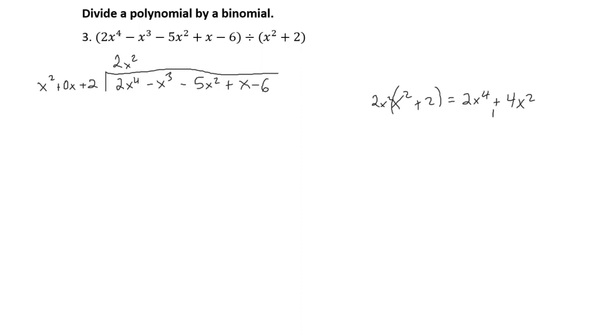Now again, there's that placeholder right here of 0x to the third. That's important because when I'm lining my terms up, my 2x to the fourth is going to go here. 0x to the third is going to be skipped, and my plus 4x squared will go here. And now I subtract that.